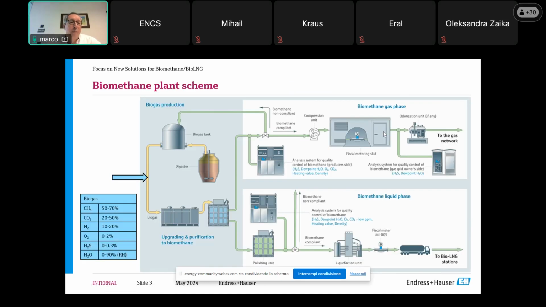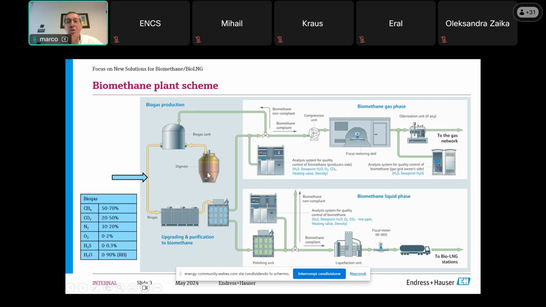So let's move on to the generic biomethane plant scheme. Everything starts from the digester, where I load the recipe to obtain the biogas. The recipe is normally composed mainly of waste or agricultural waste.